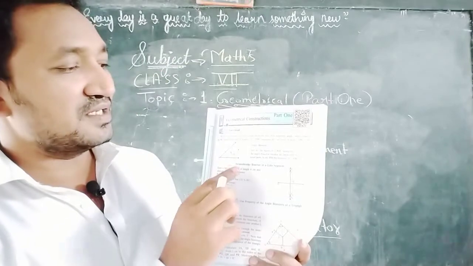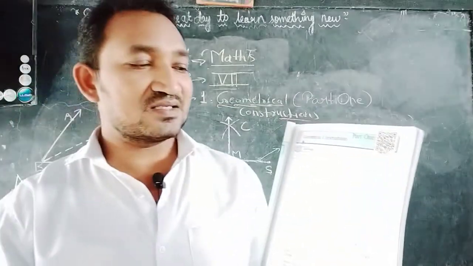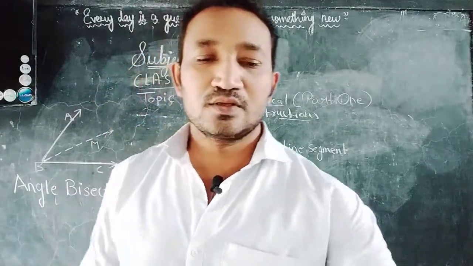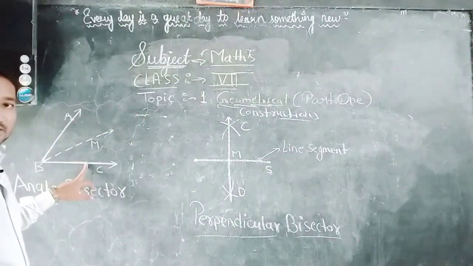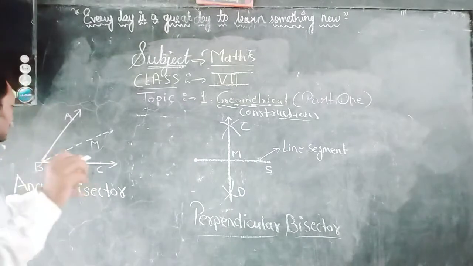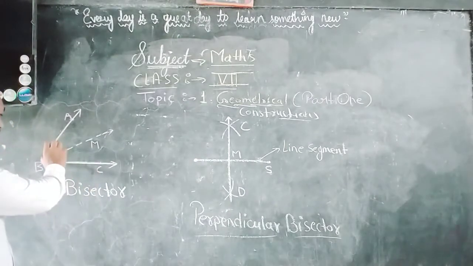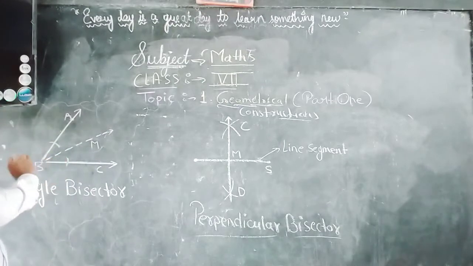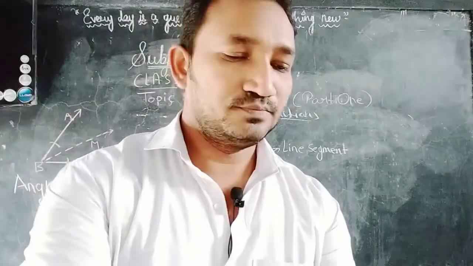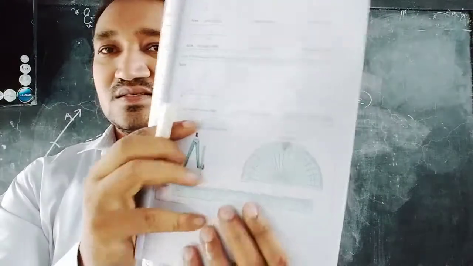An angle bisector divides an angle into two equal parts. Students, how to draw this? You have to use your compass.